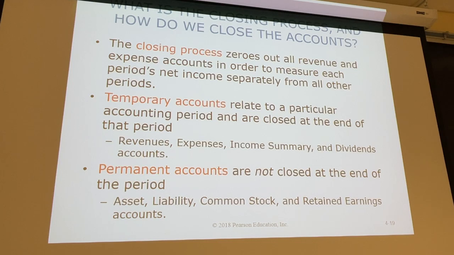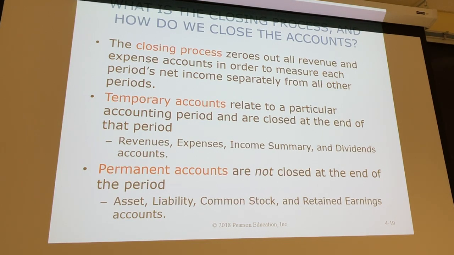And in the closing process, what we're doing is we're zeroing out all of the revenue and expense accounts, accounts that go on the income statement, because for the next accounting period, we want to start over from zero to measure our revenues and expenses again for that period.